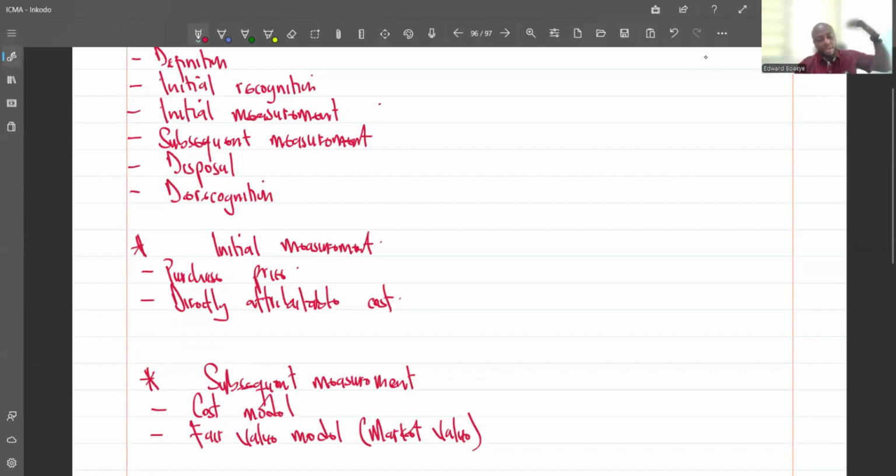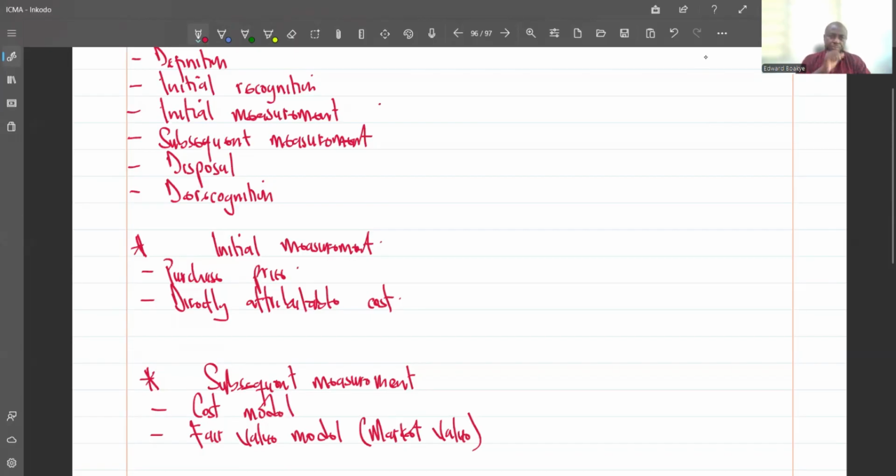So we can start from maybe IAS 16 to IAS 40 to IAS 38. Then it makes it good for us to capture the issues over there. All right. So basically, these are the issues under IAS 40.